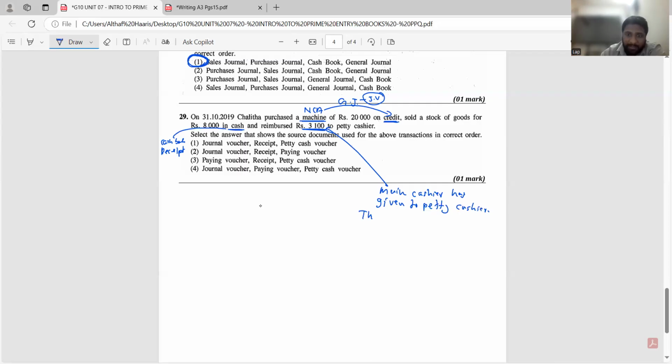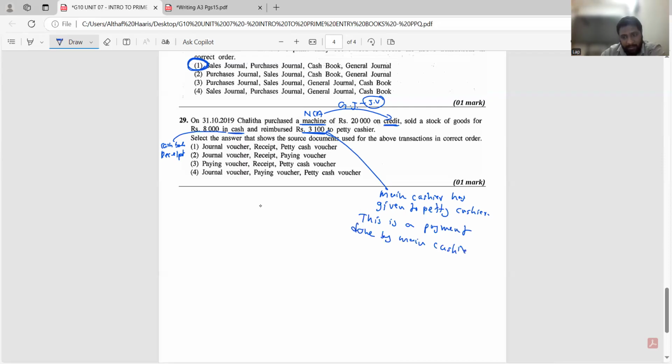This is a payment done by the main cashier to the petty cashier.